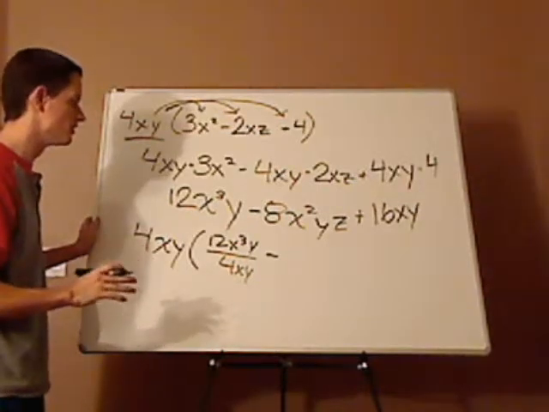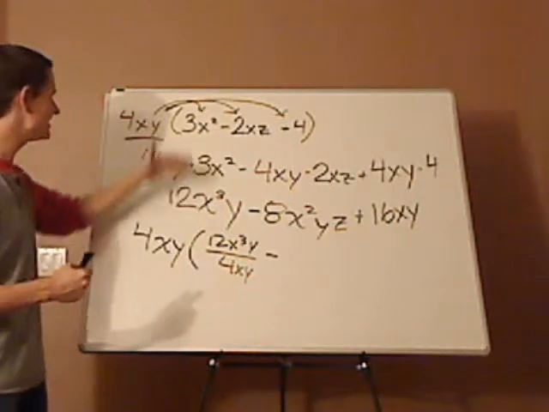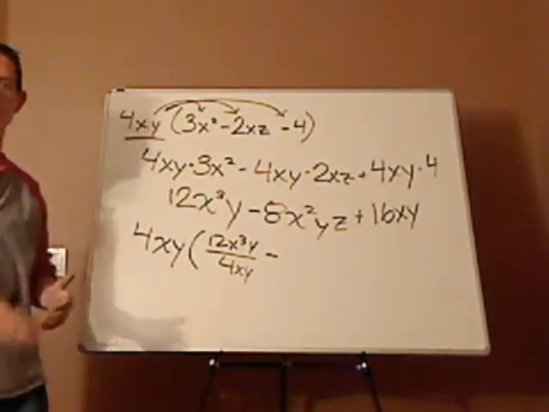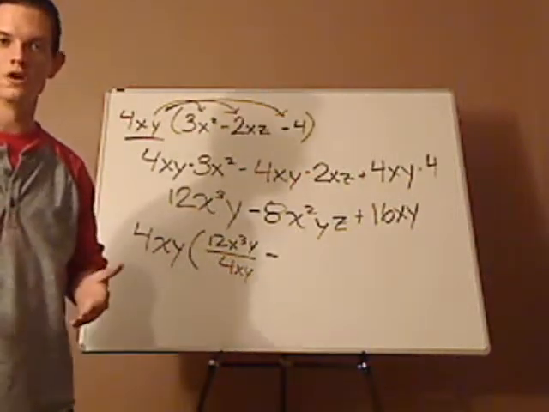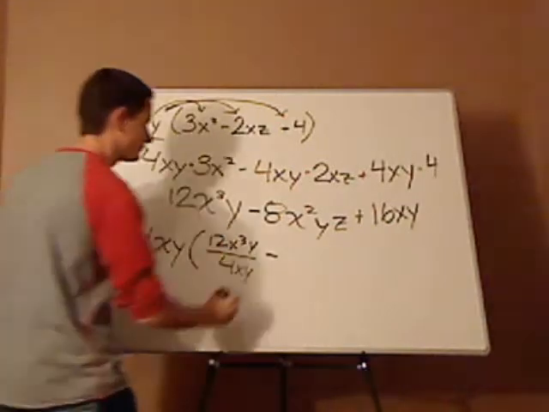So this is a way to almost double check yourself or correct your thinking. Okay, how do they get from here to here? Well, with the distributive property, you multiply. With GCF, you're dividing. You're doing the opposite.